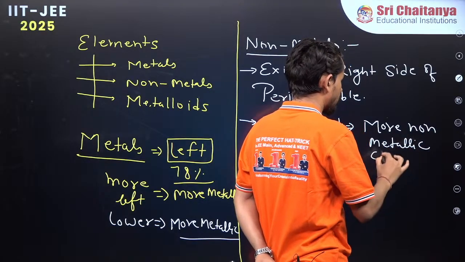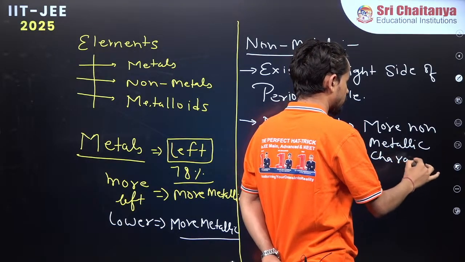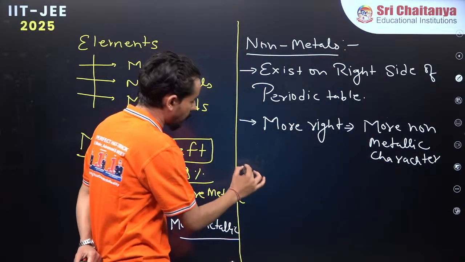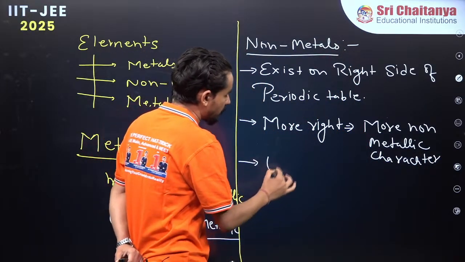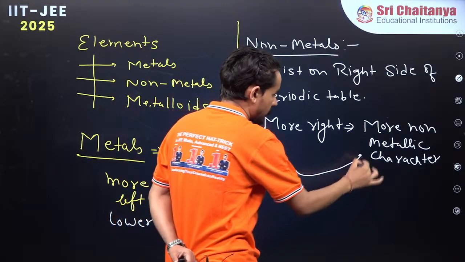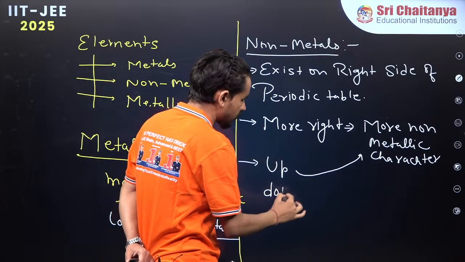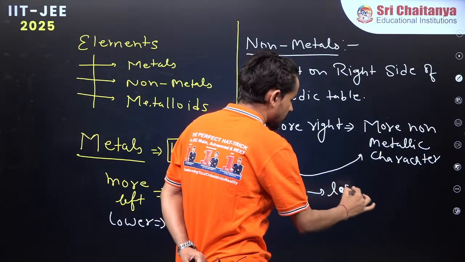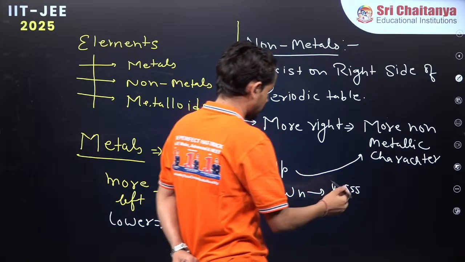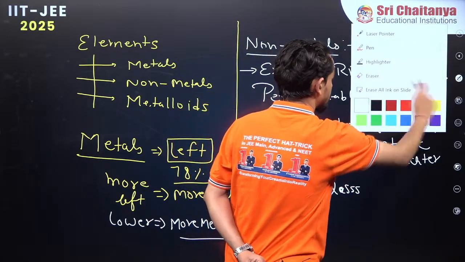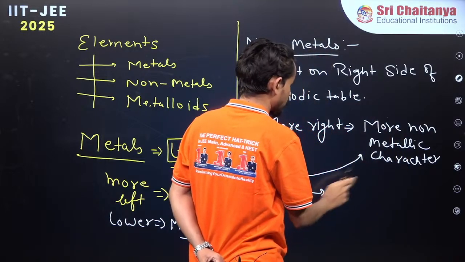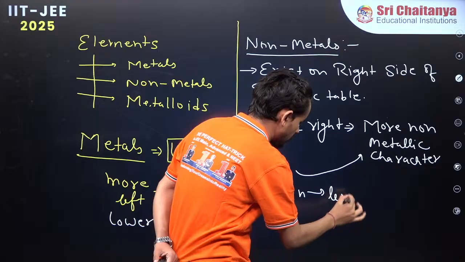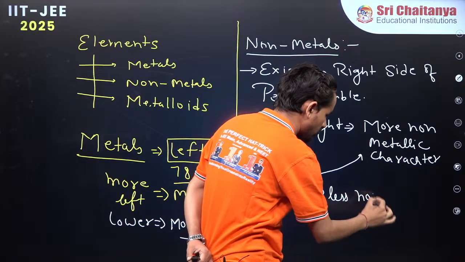Similarly, going up and down, the upper side has more non-metallic character and the lower side has less non-metallic character.